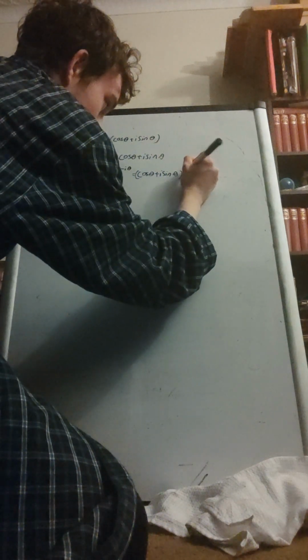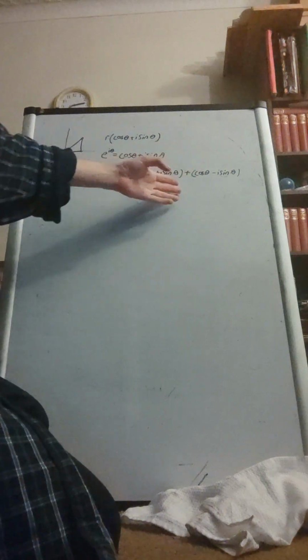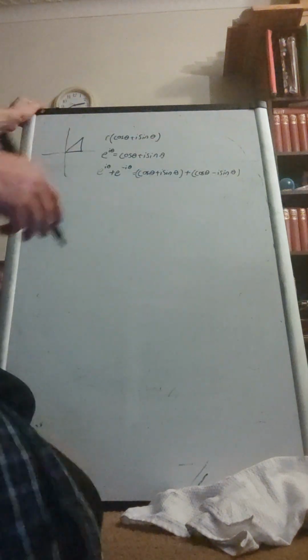I could do the complex conjugate of this, so that would give me cosine theta plus i sine theta plus cosine theta minus i sine theta. The reason this is the way that it is, is because cosine of a minus angle is just the angle without the minus, because cosine is an even function, and sine of a minus angle is minus sine of the angle because it's an odd function.